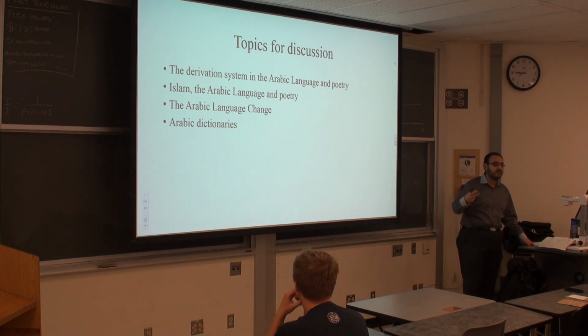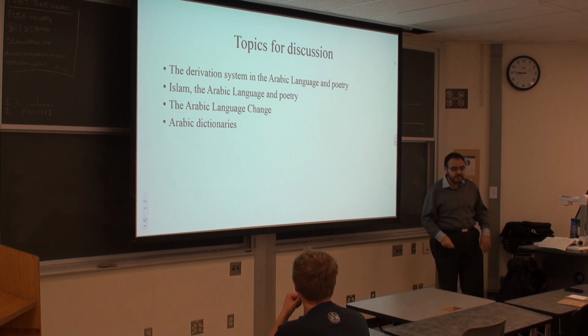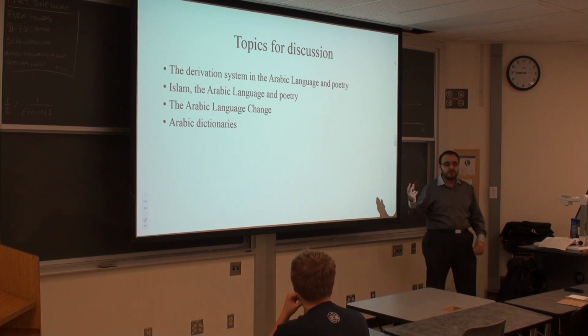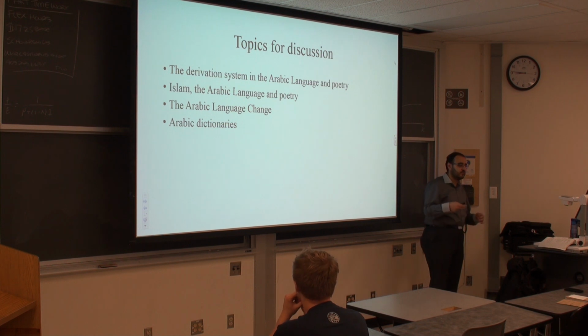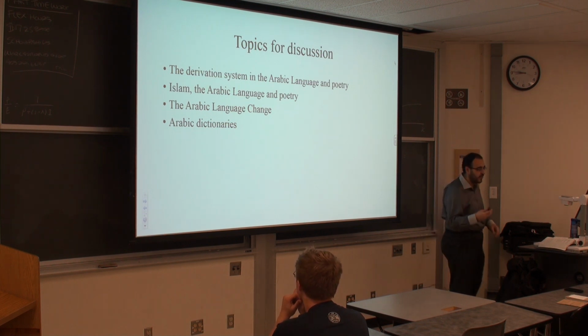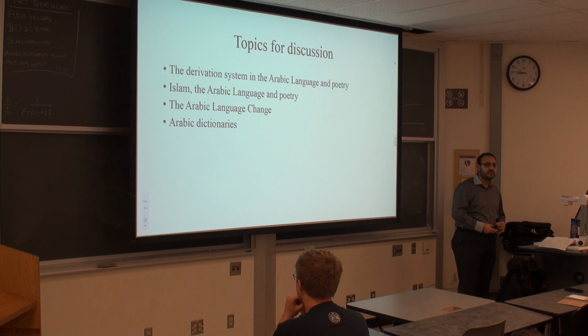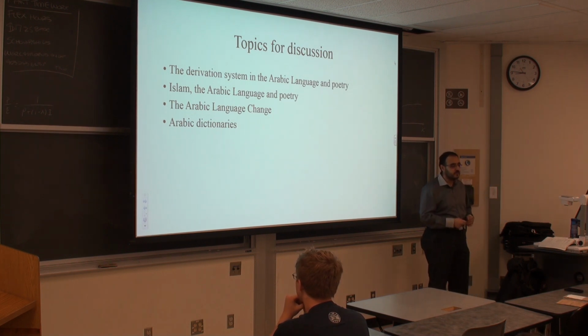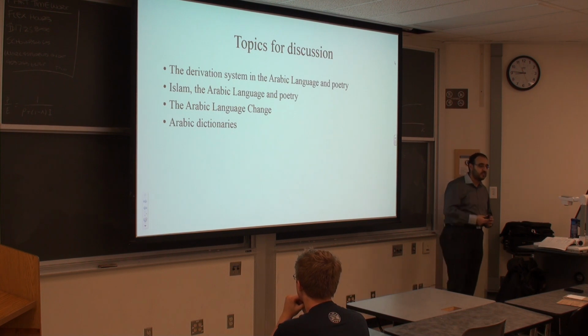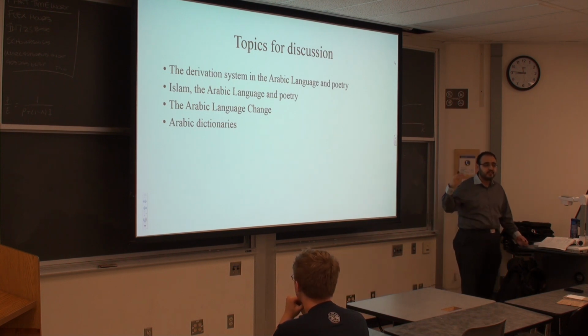Arabs before Islam were constantly fighting against each other, and they were using poetry to indicate the pride of one's tribe. One's tribe usually would be honorable with its poets. So poetry was used to indicate the honor and the pride of one's tribe versus other tribes.